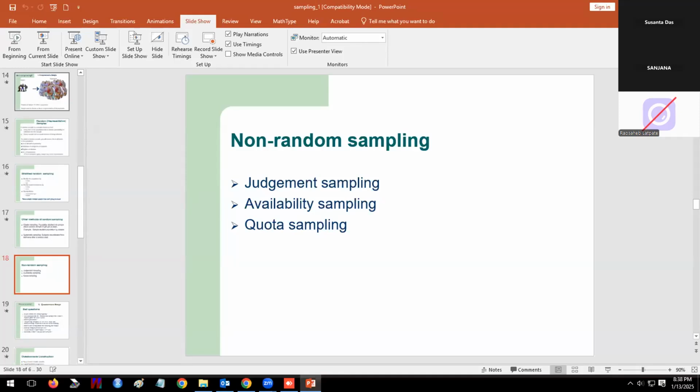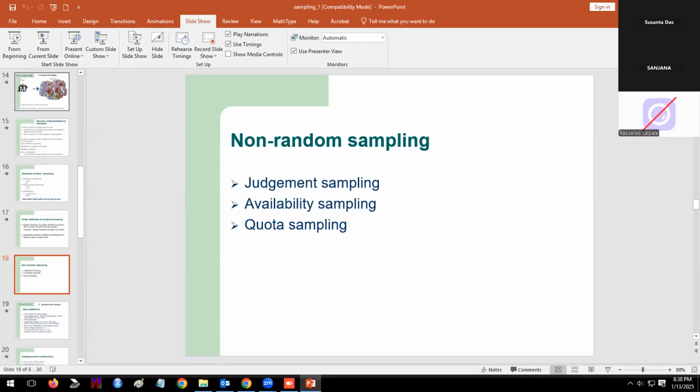After you move, it appears 2-3 minutes later. Yes, sir, it's visible, but it's on the 18th slide. If you click on the 19th slide, okay, now this slide is visible.